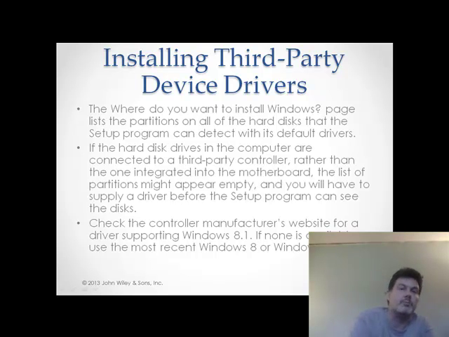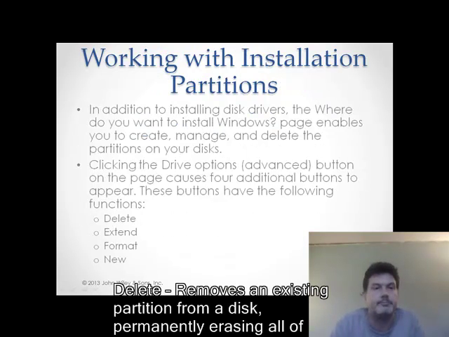So the best thing to do in that instance is check the controller manufacturer's website and look for a driver that's supported by 8.1. If none is available, then use the most recent Windows 8 or Windows 7 driver available for that third-party utility and install that using your DVD-ROM drive or USB drive. Okay?